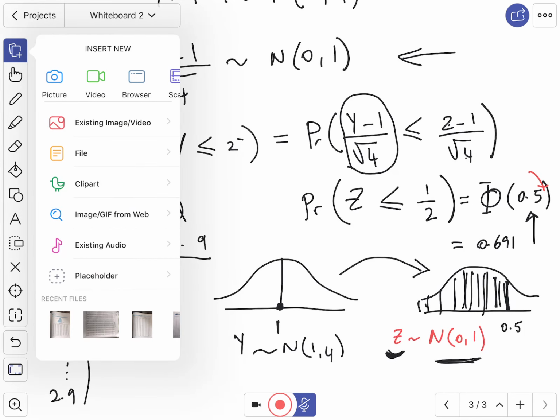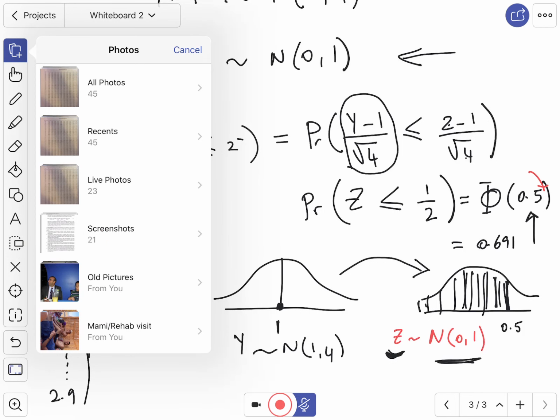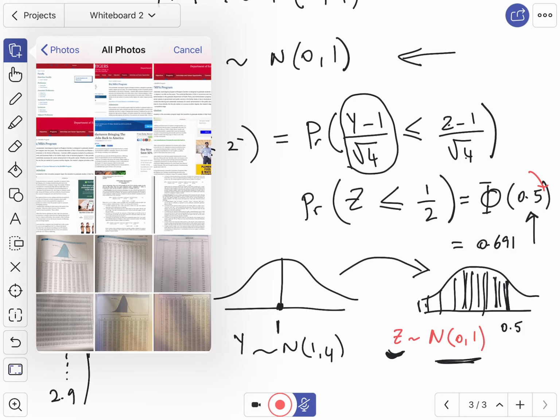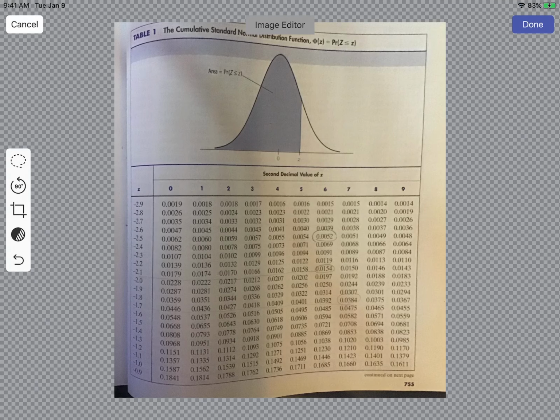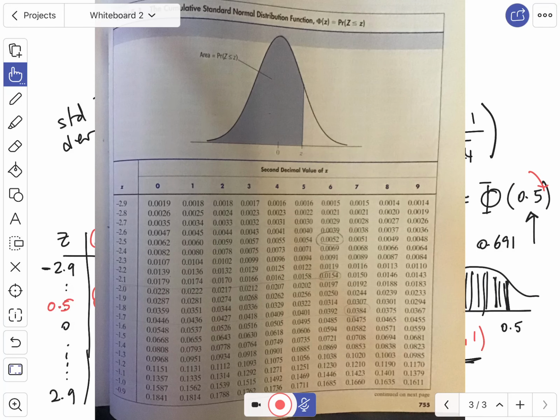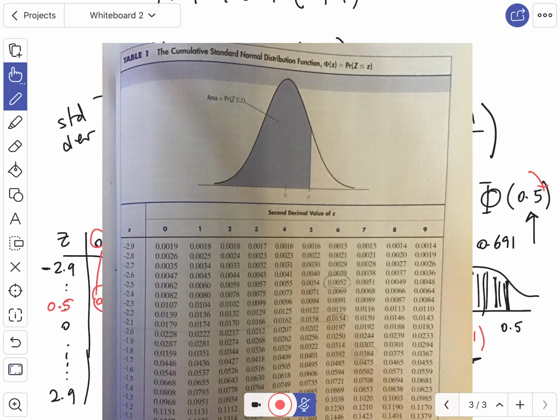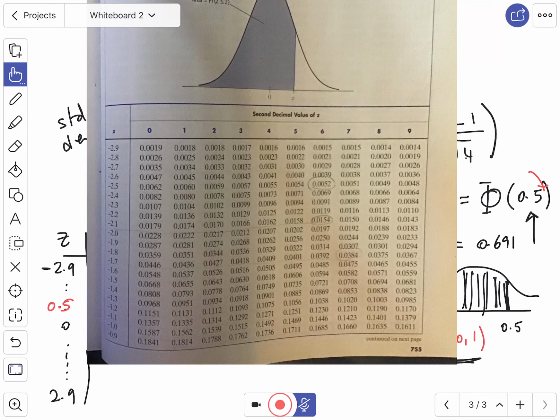So let me show you the table. The table, as I told you, starts with negative 2.9, and this is the first page, and you have it as table 1. But as you can see here, the first page ends at negative 0.9.